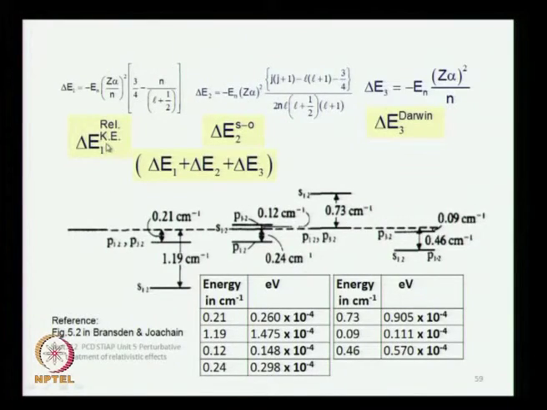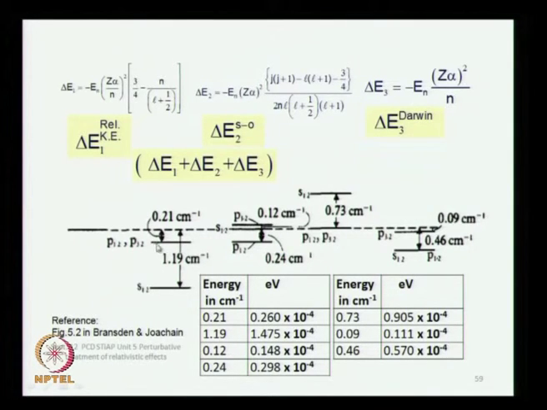So, this is the net result on the 2p state. This figure I scanned from Brehm and Joshi's book, this is figure number 5.2 in the book. Thank you Arti for doing this for me. And we see that this is the relativistic kinetic energy correction.